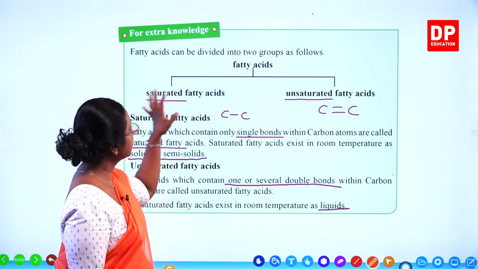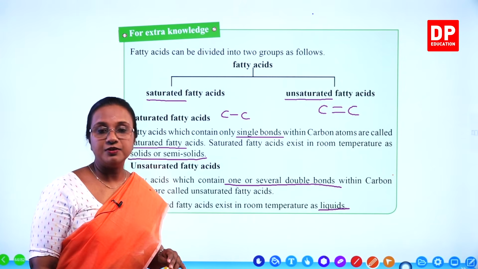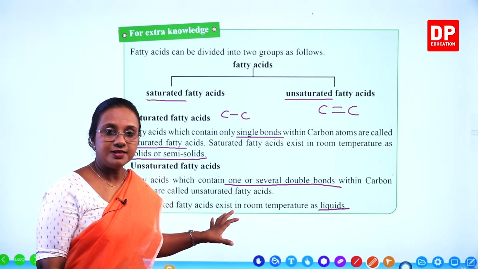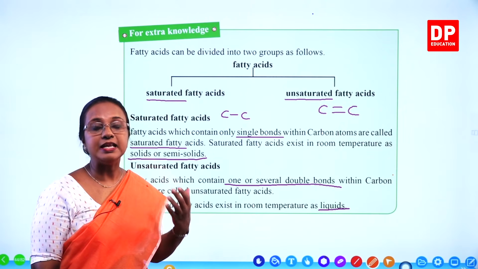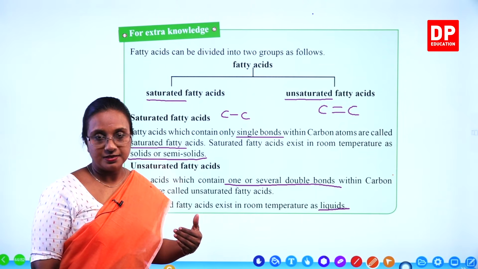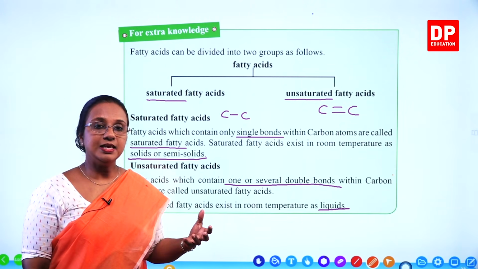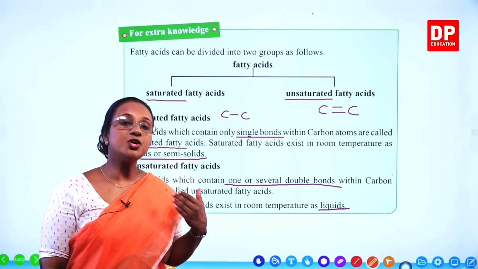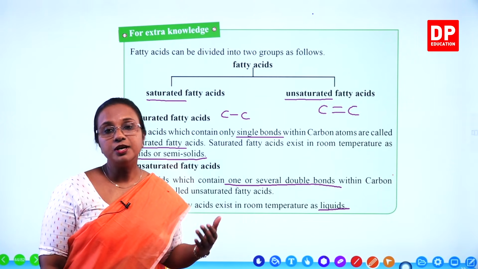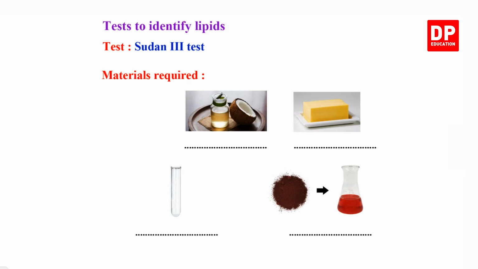So this is an extra knowledge that has been given to you, and with this we finish the discussion about the structure and importance of lipids. Now we will see how we can identify or test the presence of lipids in a food substance. So this is the test to identify lipids.